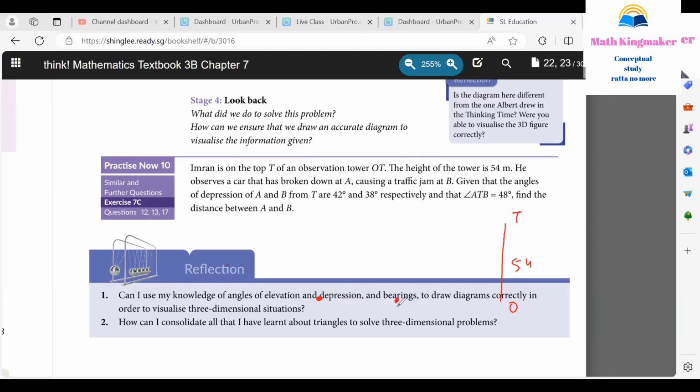So somewhere it is A and it is B. Given that the angles of depression of A and B from T are 42 and 38. So from A it is 42. So A must be this one, because this angle will be lesser. So A is this and B is this.